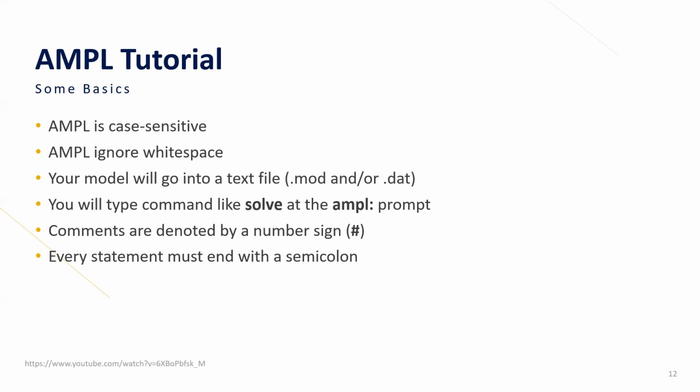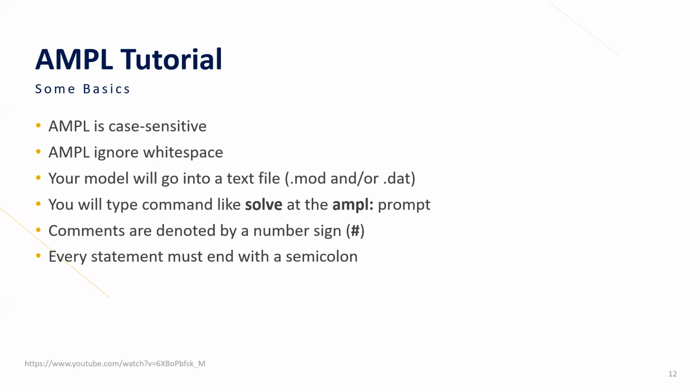And you need to write the model in a text file. The extension dot mod or dot dat is just to differentiate. Basically, any text file that you use as a model or as data with a different extension still works, as long as it follows the rules that we used earlier.